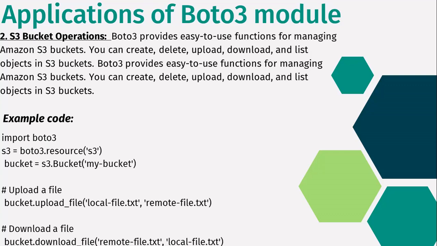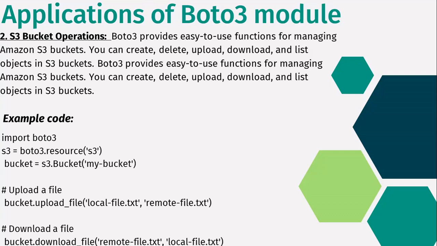Boto3 provides easy-to-use functions for managing Amazon S3 buckets. You can create, delete, upload, download, and list objects in S3 buckets. S3 bucket is one of the most famous services in Amazon. So let's move on to the code.